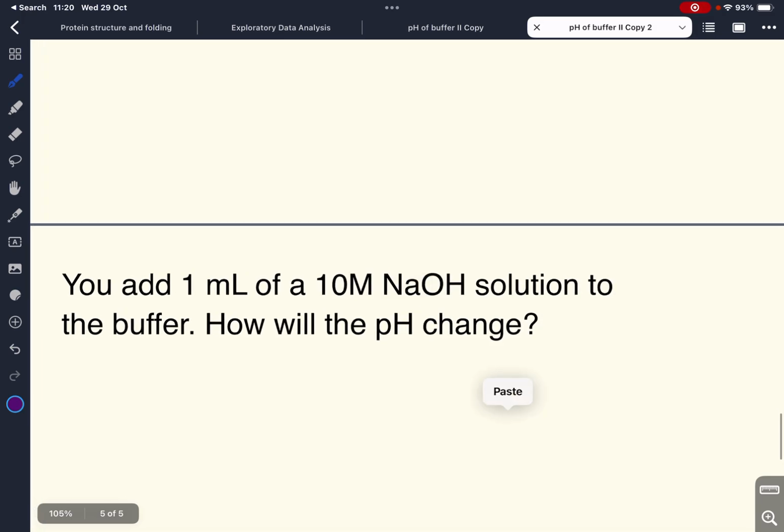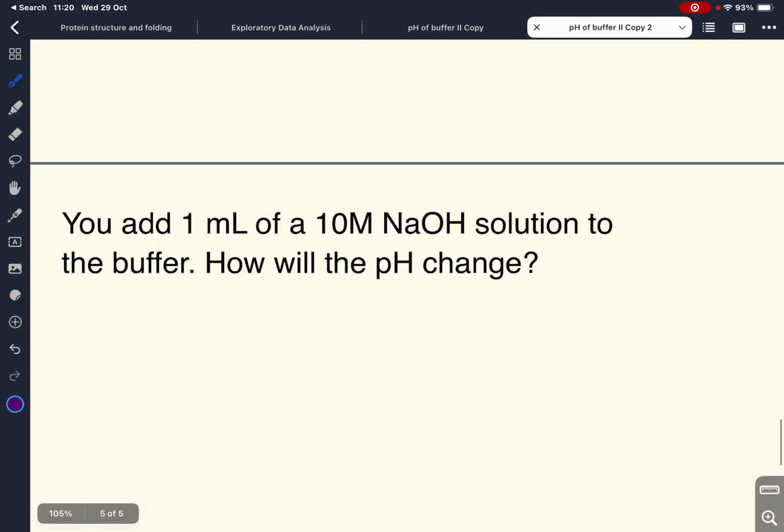And now we add to that a sodium hydroxide solution, a highly concentrated sodium hydroxide solution, and before we do anything, we ask how would the pH change.